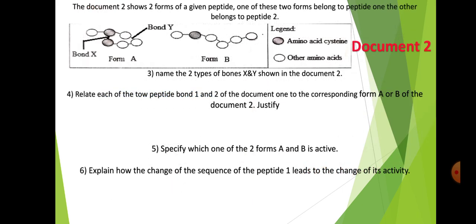Now document 2 shows 2 forms of the given peptide. One of these 2 forms belongs to peptide 1 and the other belongs to peptide 2.